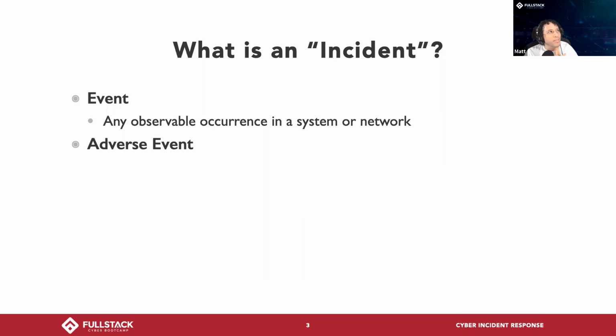Trying to red team your answer here. Try to think of one that will have negative consequences, but not necessarily violate AAA. So AAA is authorization, authentication, and accounting. Oh, okay. A web server goes down. That might not necessarily affect authentication, authorization, or accounting, but it's for sure an adverse event for our business.